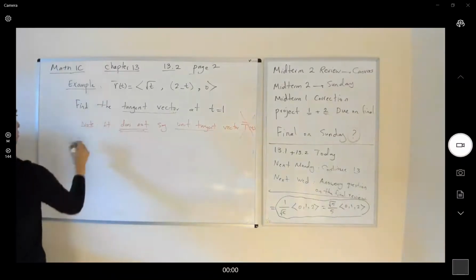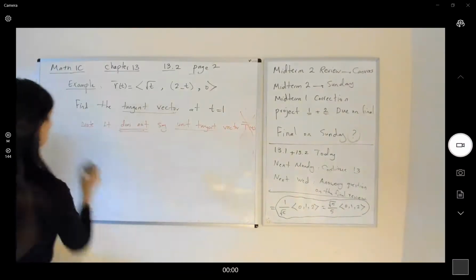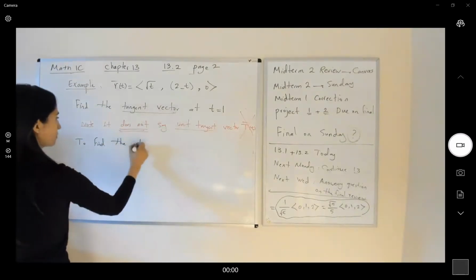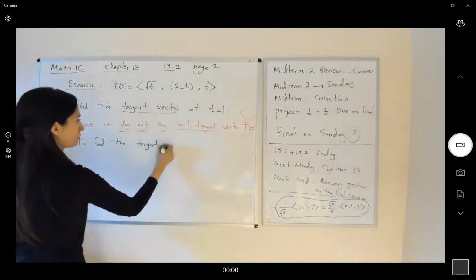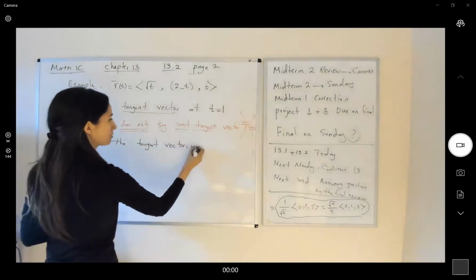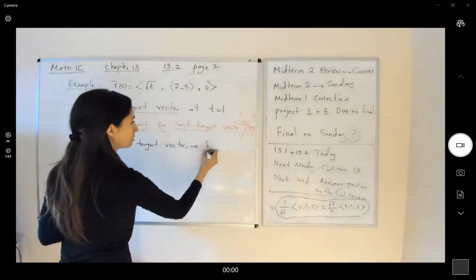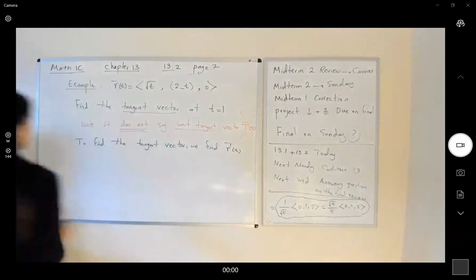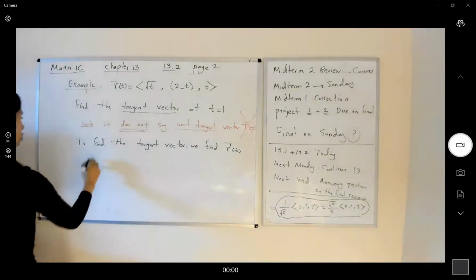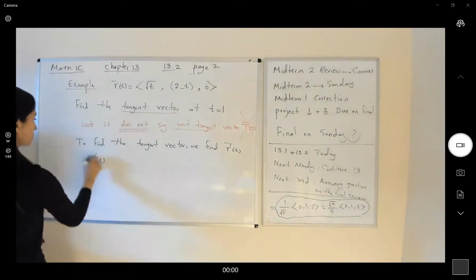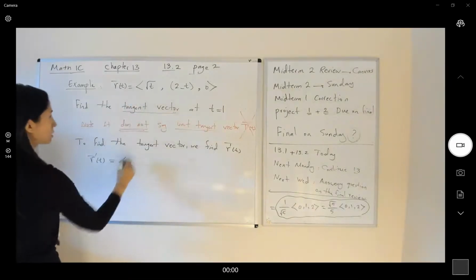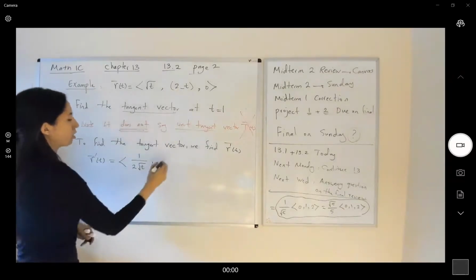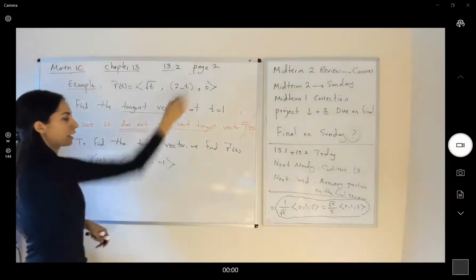To find the tangent vector, we just take the derivative of this function. We find r prime of t. Okay, let's take the derivative. r prime of t is equal to the first component, 1 over 2 square root of t, the second component is negative 1, and the last component is just 0.